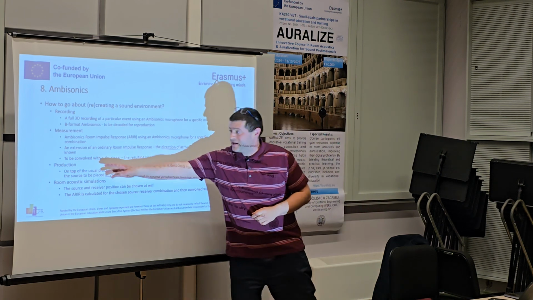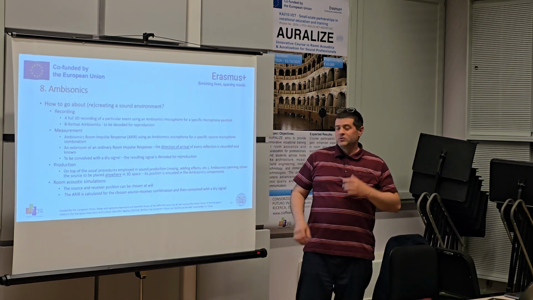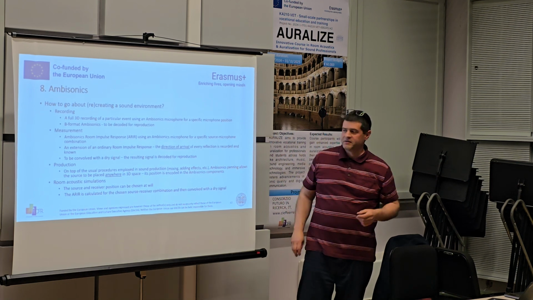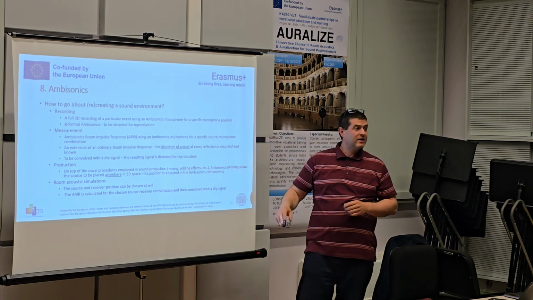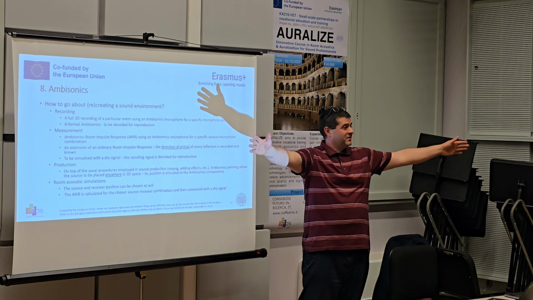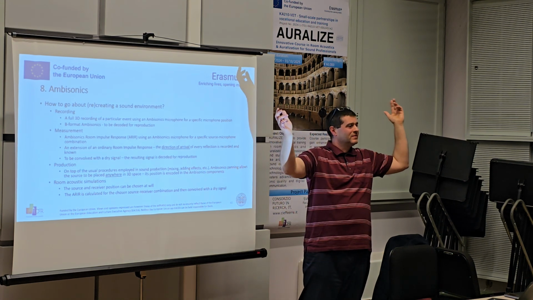When it comes to production, you can always create this from scratch. So, on top of everything else that you normally use in mixing and recording, so the effects and everything, you can use something we call ambisonics panning. So you can place your source not only as in stereo, left or right, but virtually anywhere in space.